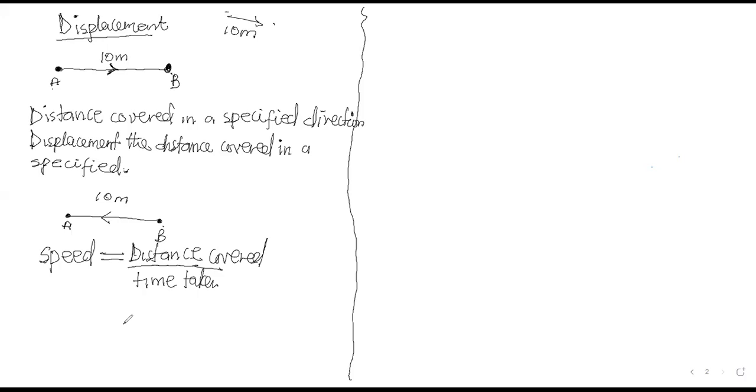Another body covers the same distance within a longer time. Which one will be moving at a greater speed? Frank: The one covered in a shorter time. Okay, yes, that's true.